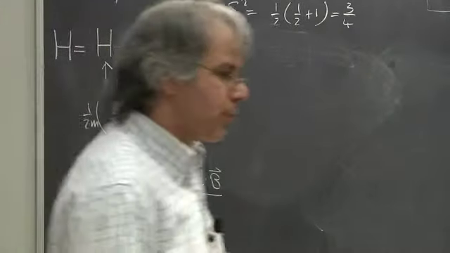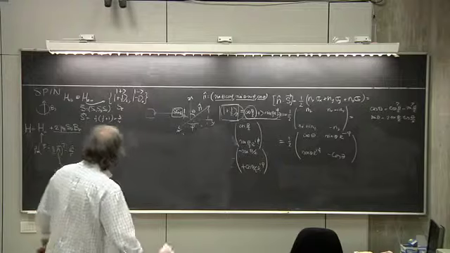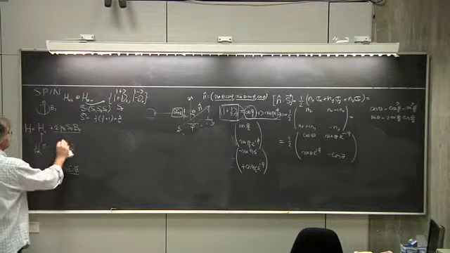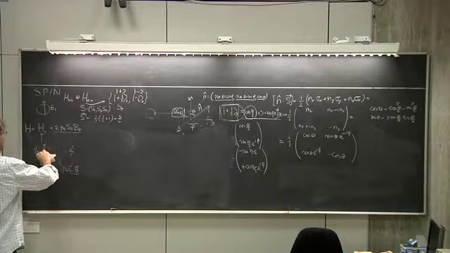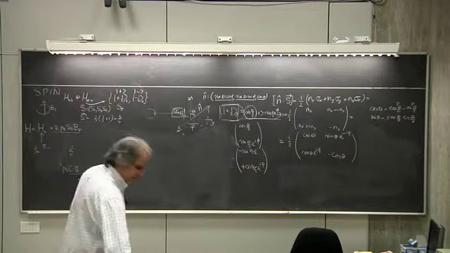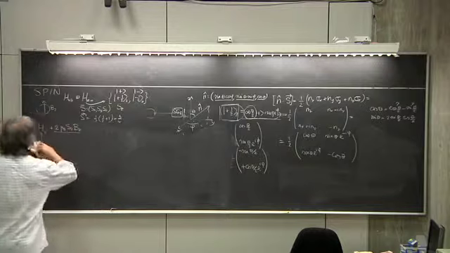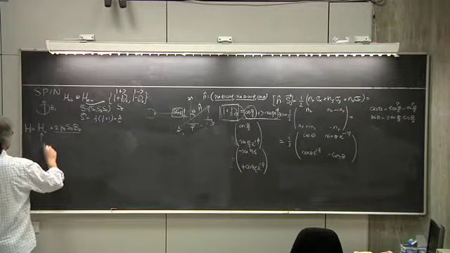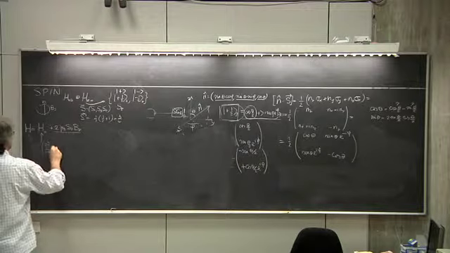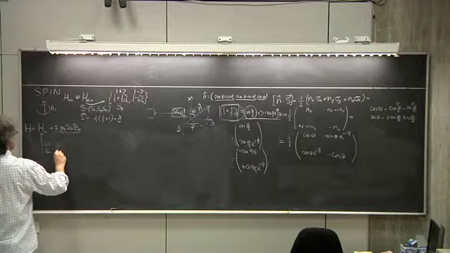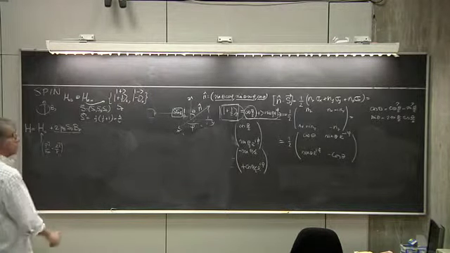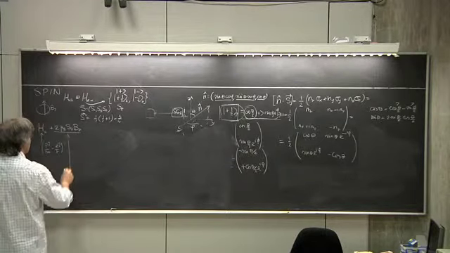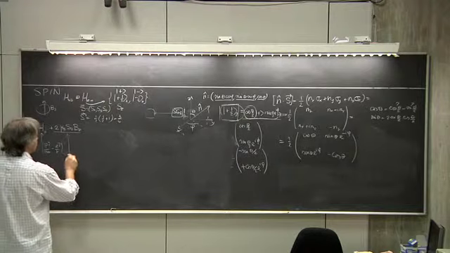So let us return back to our description of hydrogen. So forget about this term. Suppose that hydrogen was the usual hydrogen in zero magnetic field, so something like p squared over 2m minus e squared over r. Now, let us look back at the spectrum. You remember that we had essentially zero of energy here.